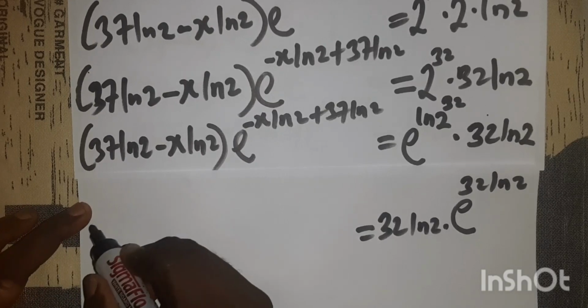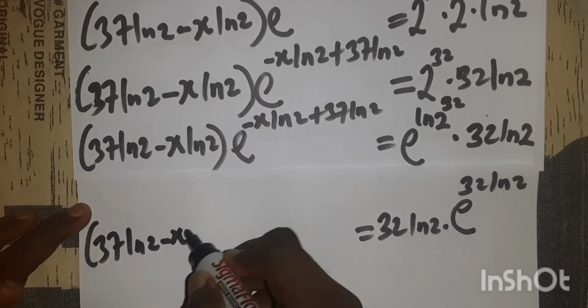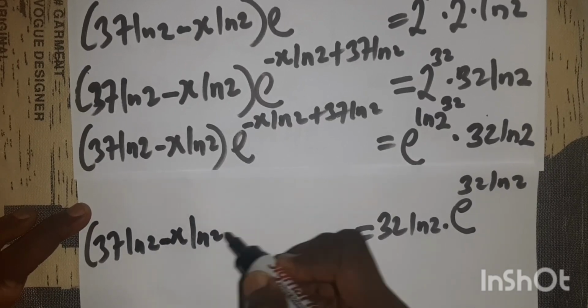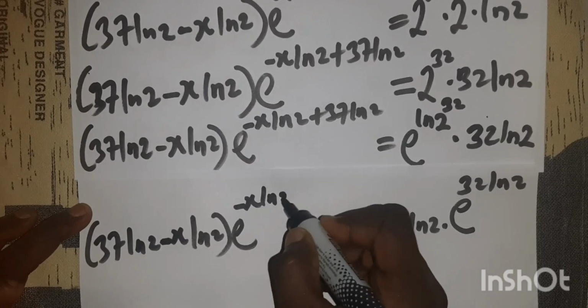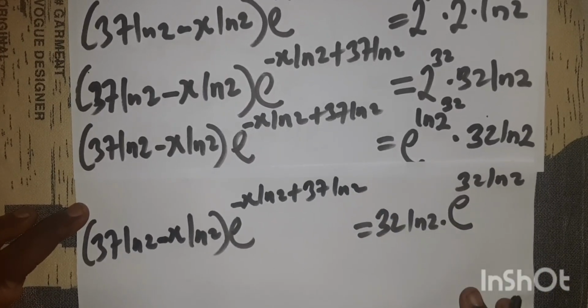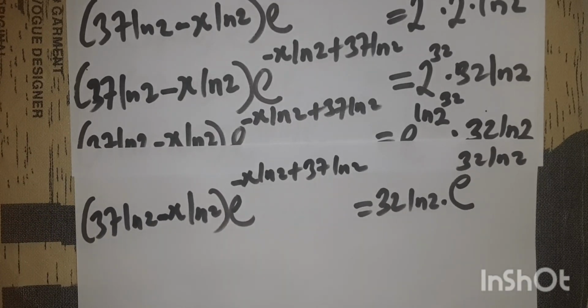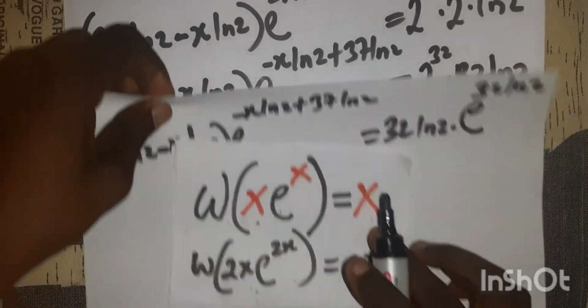32 ln of 2 then equals to exactly what I have here on the left hand side. So I still write out my 37 ln of 2 minus x ln of 2 times e raised to the power minus x ln of 2 plus 37 ln of 2. So finally, I can apply the Lambert W function on both sides because I have successfully established this form here.